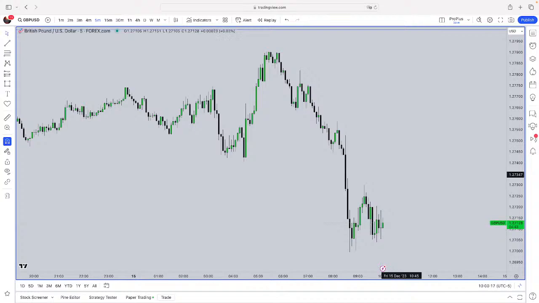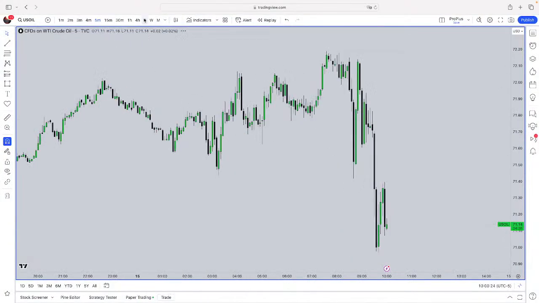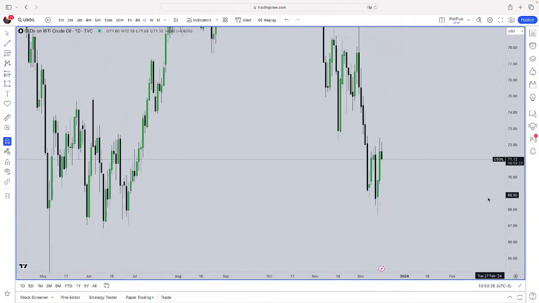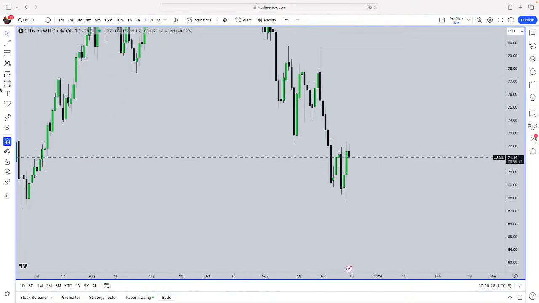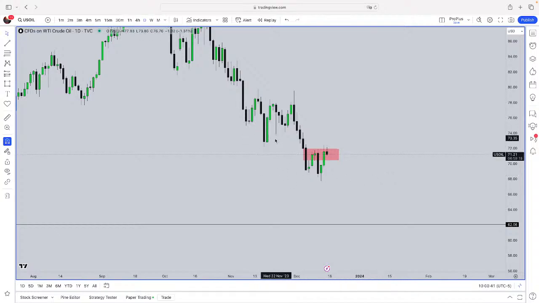I used to look at oil, bro. I used to trade oil. Haven't looked at it for a while. Let's have a look. Immediately again, straight away. I see that. Let's have a look low. That didn't make that high. Let's go on the weekly.